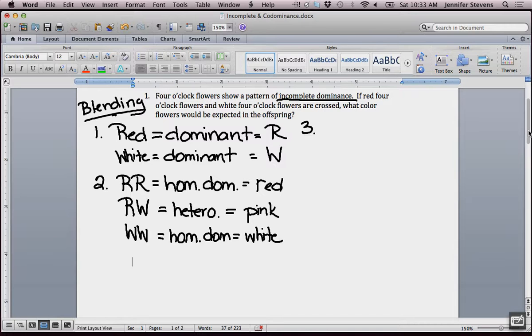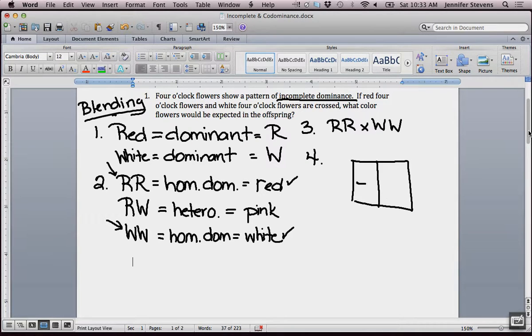Third step, parents. I'm doing red and white. So I've got a red parent and a white parent. So I have to look at these genotypes here. I have big R, big R crossed with big W, big W. Step 4, we do the Punnett square. One parent across the top, one parent down the side.